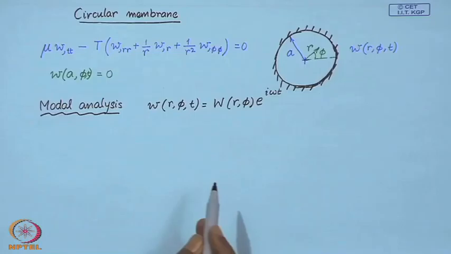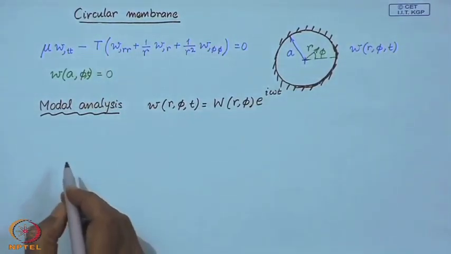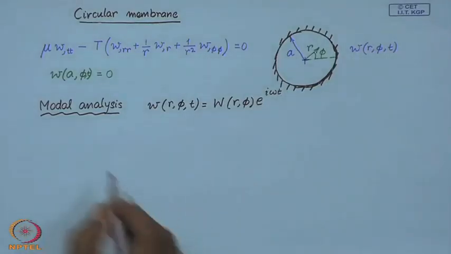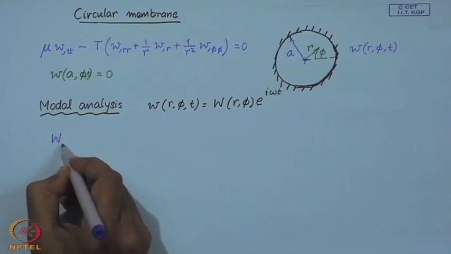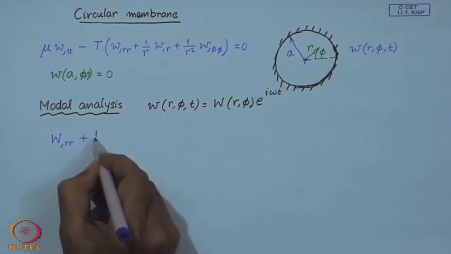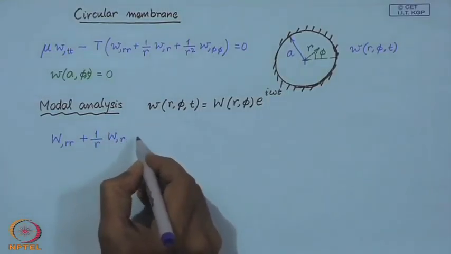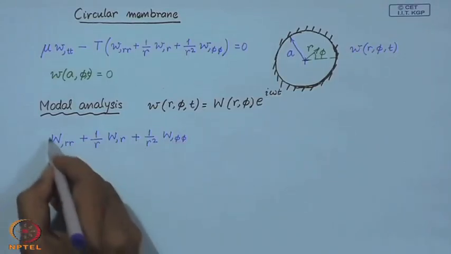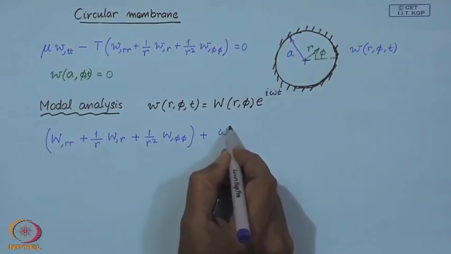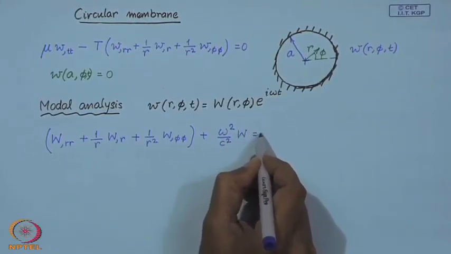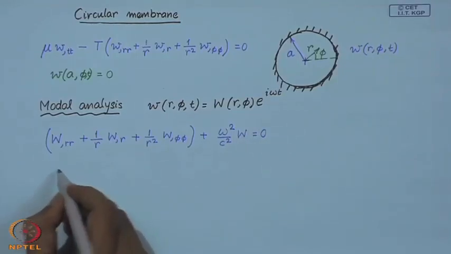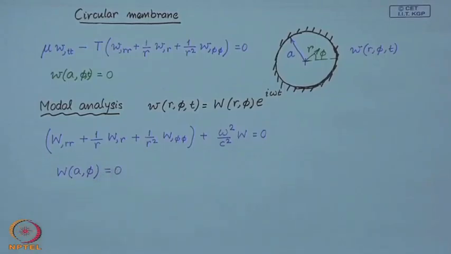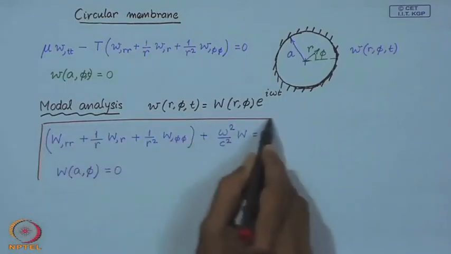If I substitute this solution in the equation of motion and in the boundary condition, and I do a rearrangement by removing this exponential e to the i omega t, then this along with the boundary condition defines our eigenvalue problem.